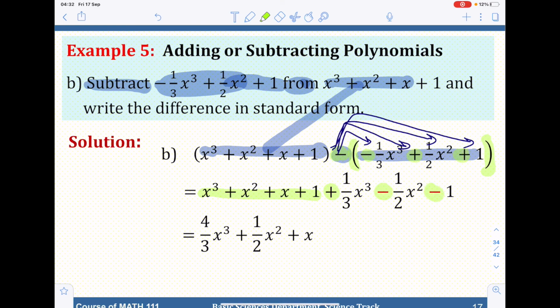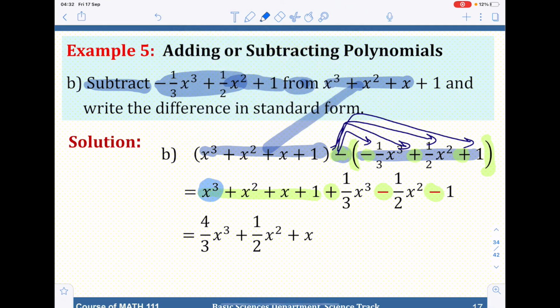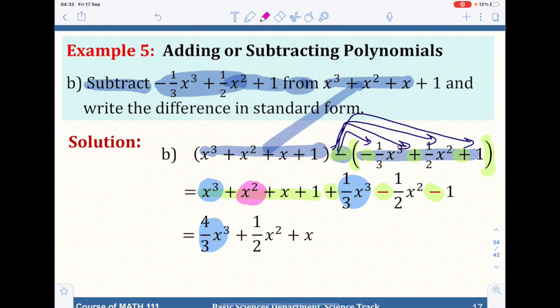Now we will combine the similar terms together. So we have here x to the power 3 with this x to the power 3. So 1 plus 1/3 would be 4/3 x to the power 3. Okay, then we have x to the power 2 with this x to the power 2.